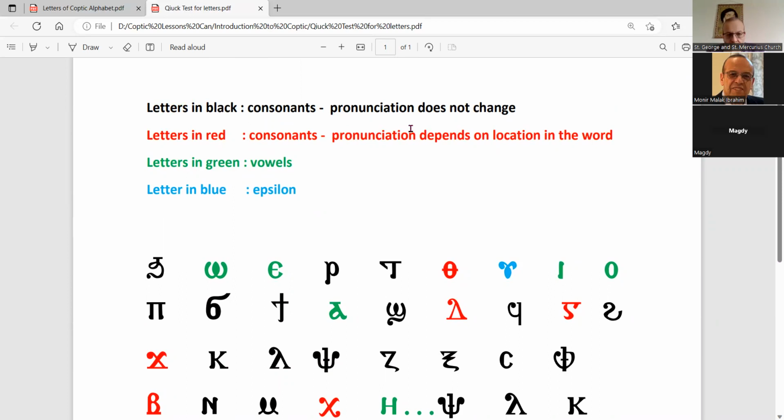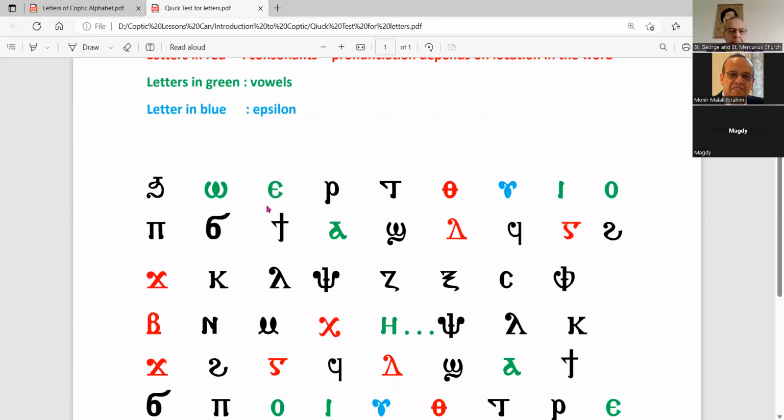The pronunciation does not change. Letters in red are consonants where the pronunciation depends on location in the word. Letters in green are vowels. The letter in blue is epsilon. Okay.